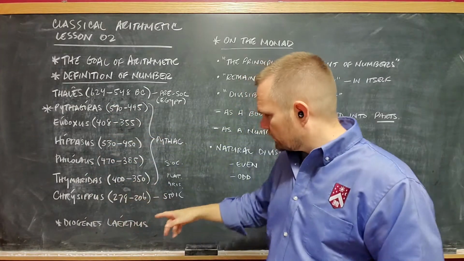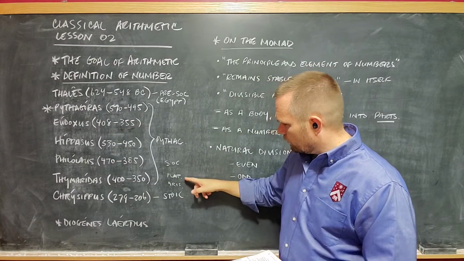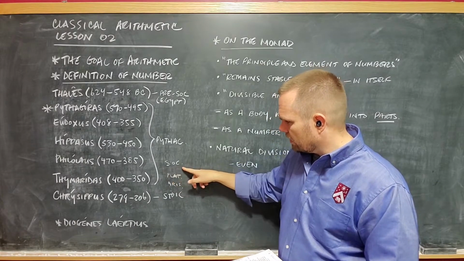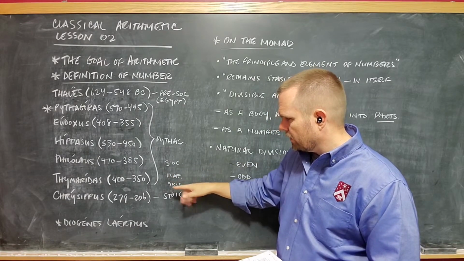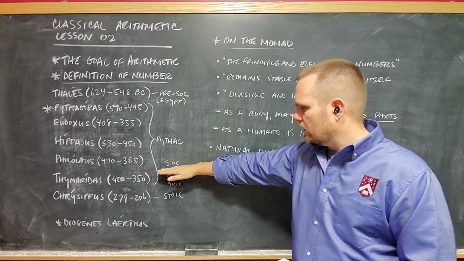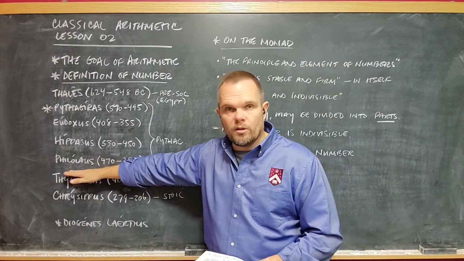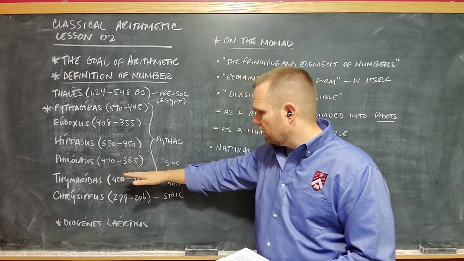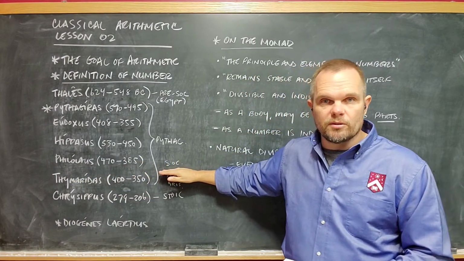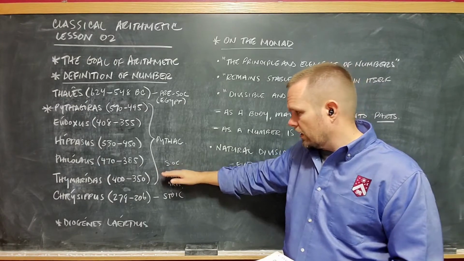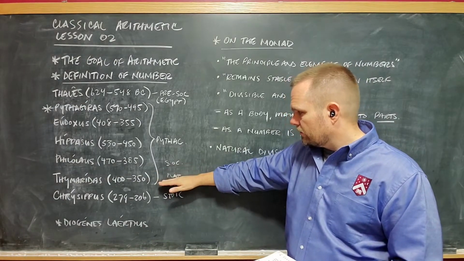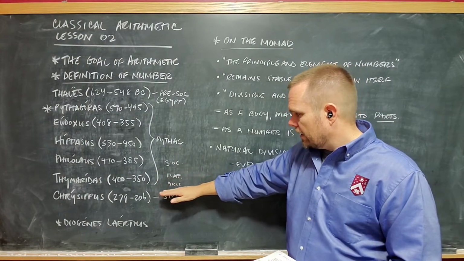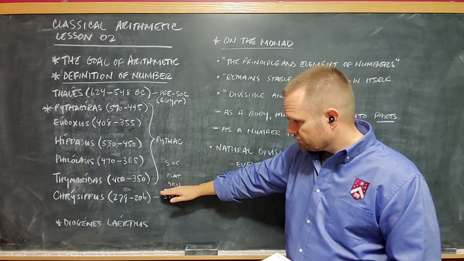And just for reference, you can see that I wrote on the board here abbreviations for Socrates, Plato, and Aristotle. Socrates lived about the same time as Philolaos. Okay, 470 to 385. Those are just about the same years that Socrates was alive. Plato lived just after that, and Aristotle just after him.